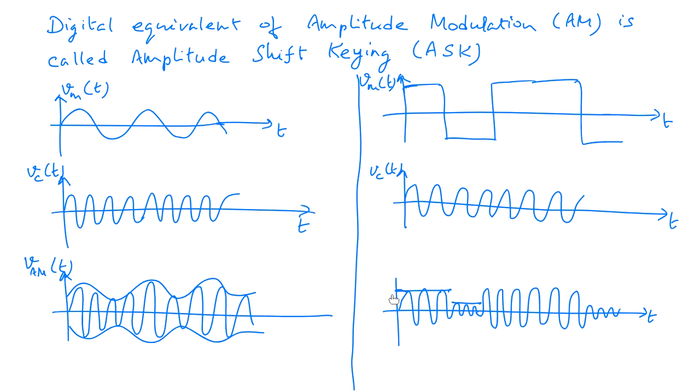That's for binary ASK, because binary means only two possible symbols, either a 0 or a 1. So for a binary 1, the carrier signal is represented with one voltage level, and for a binary 0, the carrier amplitude is represented with another voltage level.